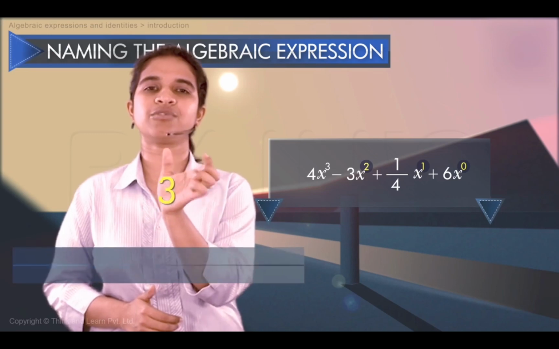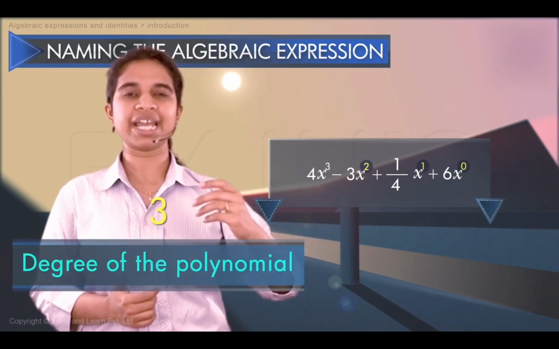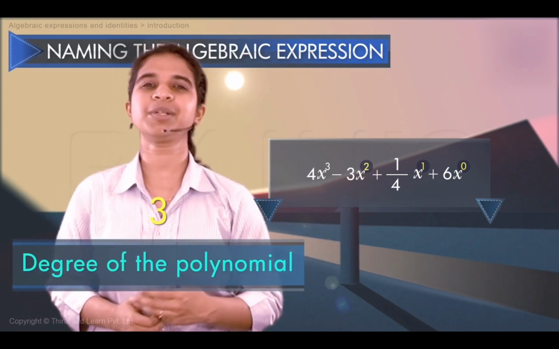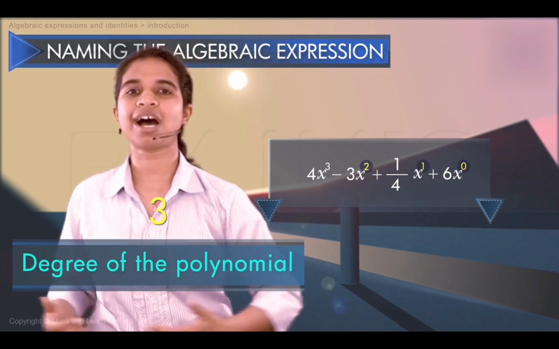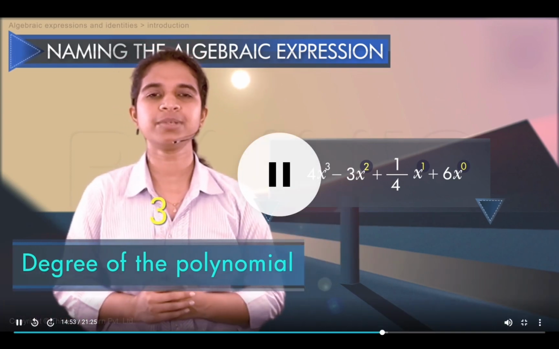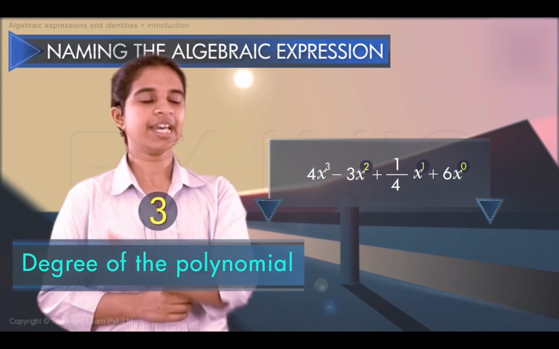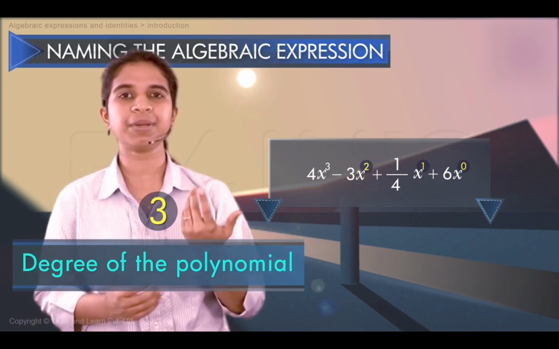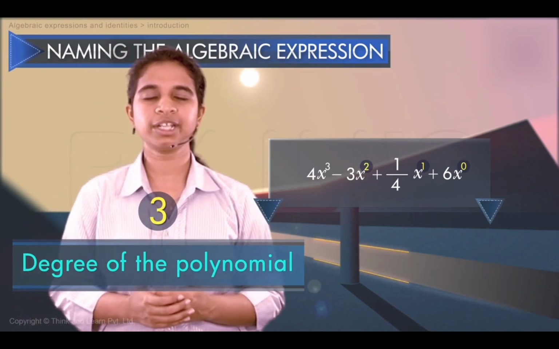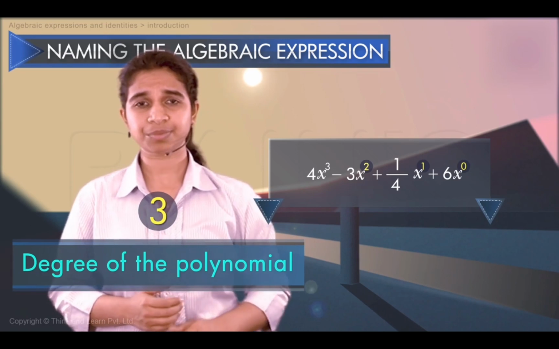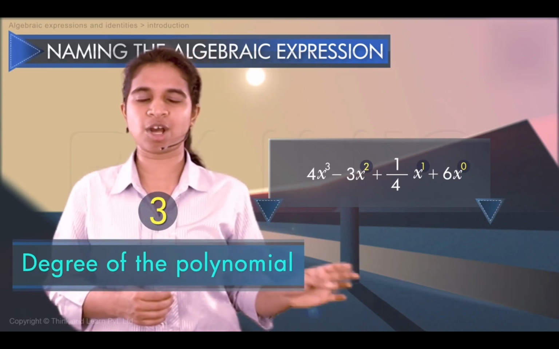This is called the degree of the polynomial. The reason we pick the highest power is because that determines largely how the shape of your polynomial is going to look. Just look at all the powers or exponents and pick the highest one. That's what the degree is, right? So in this case, the degree of this polynomial is 3.